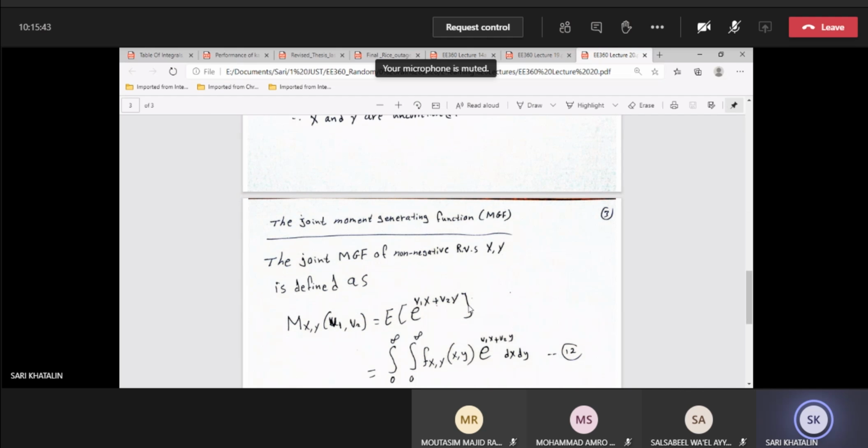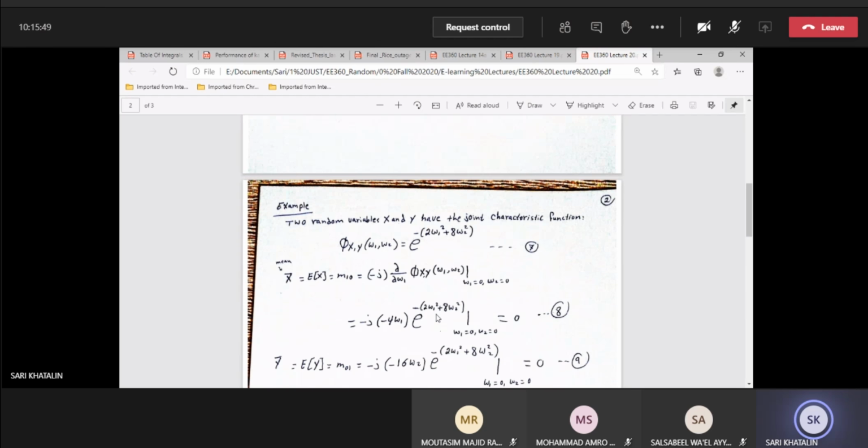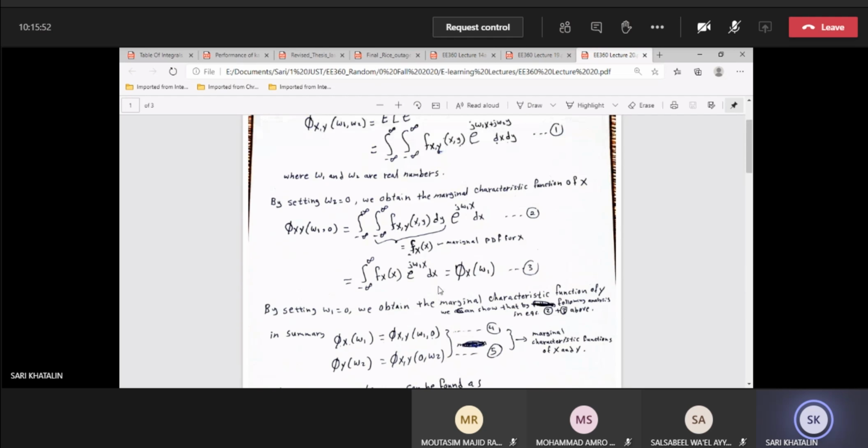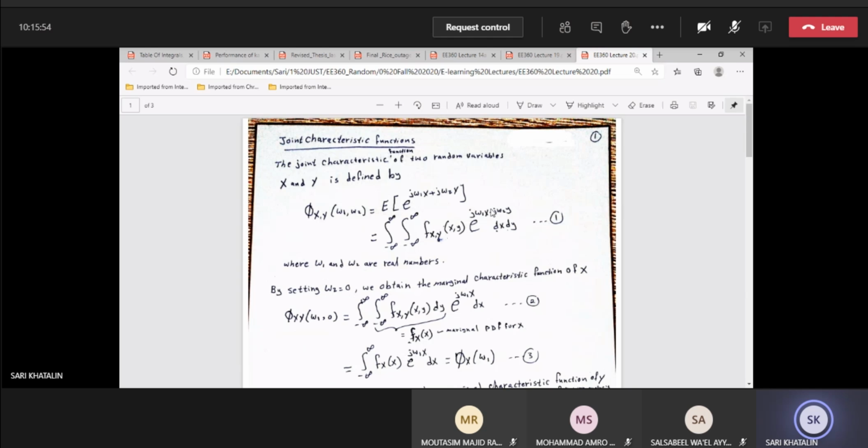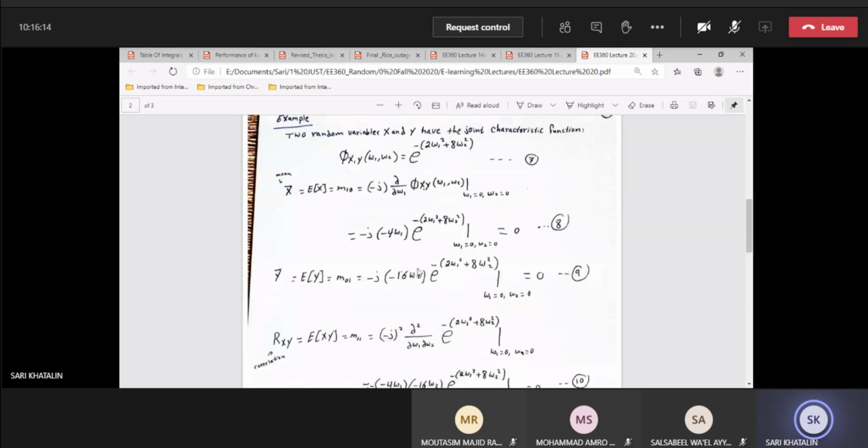The only difference is, it's the same equation as on the first page here, but instead of j omega 1, we replace j omega 1 with V1 and j omega 2 with V2. Otherwise, everything is the same. There's no imaginary operator in the MGF.